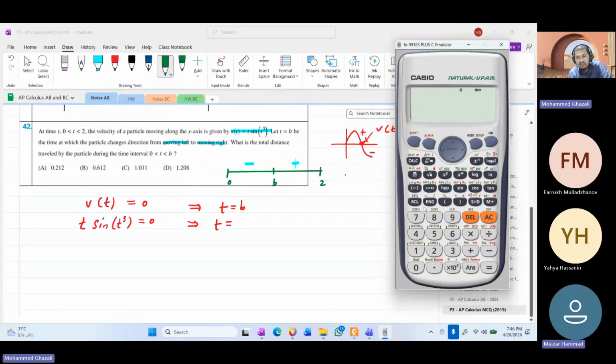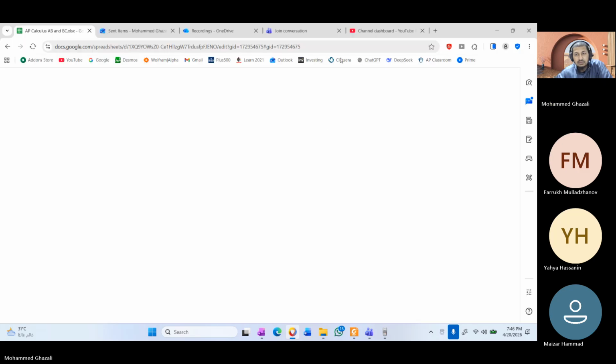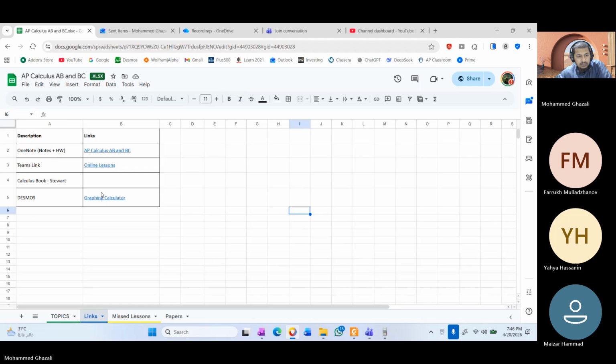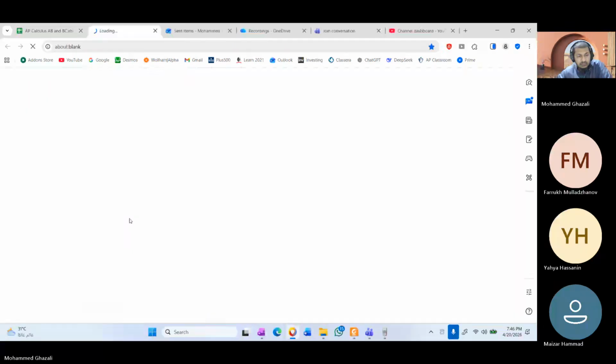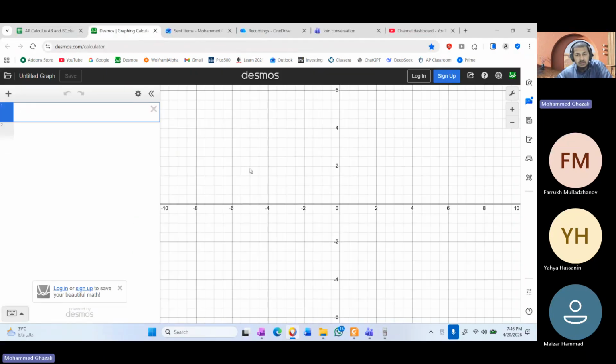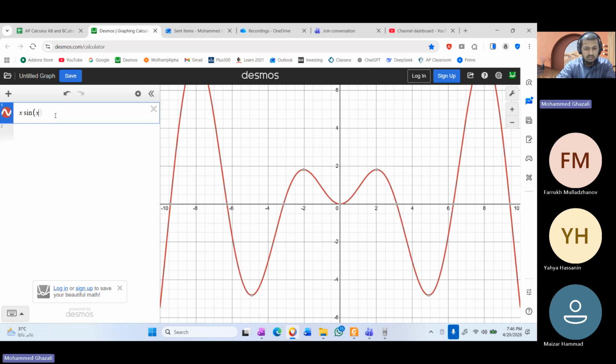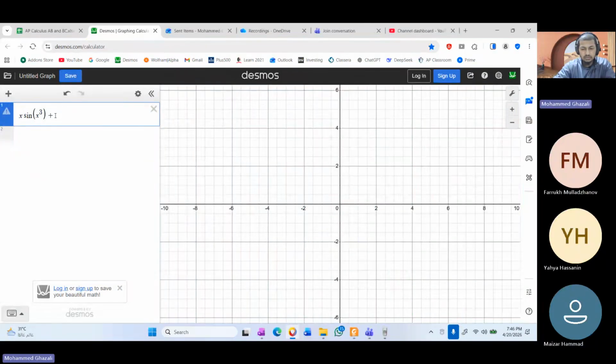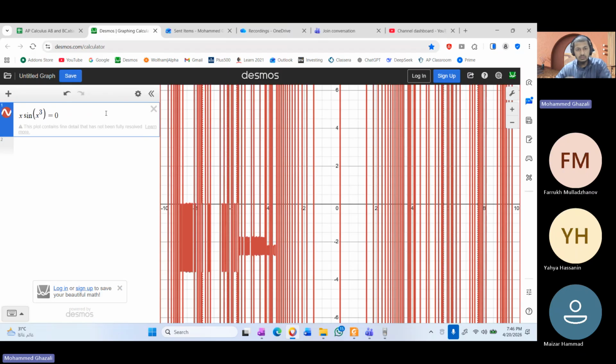Why don't you just use Desmos? Oh yeah, let's use Desmos. I forgot about Desmos. What was it? It was x sine x to the power 3 is equal to 0.